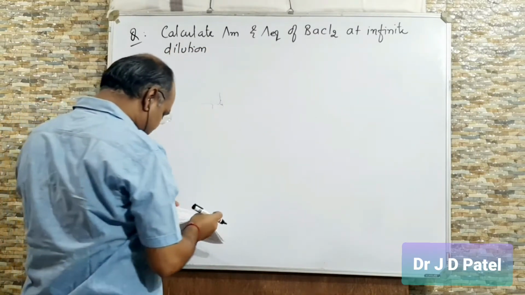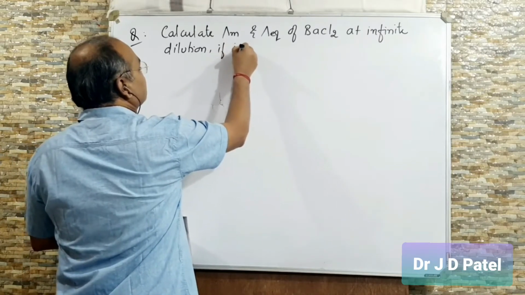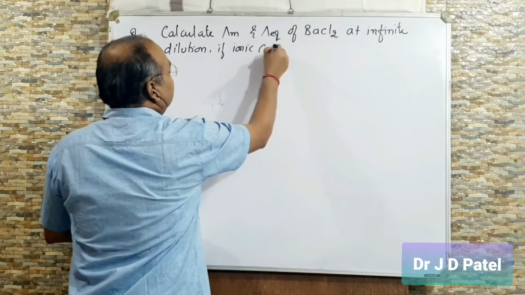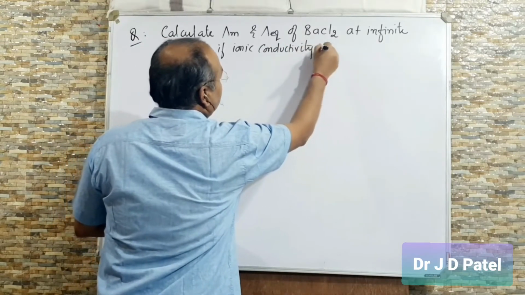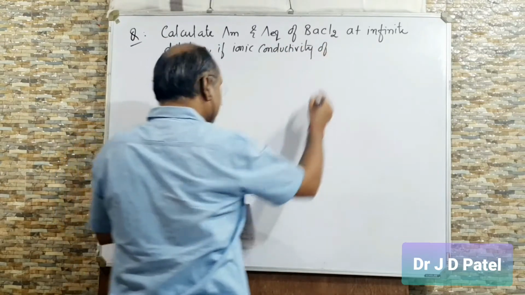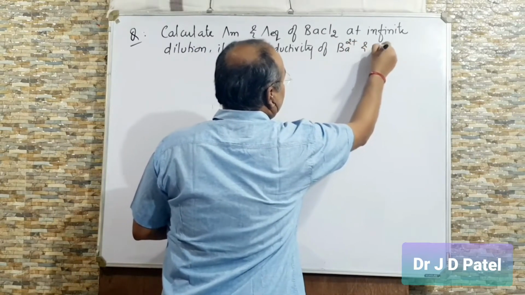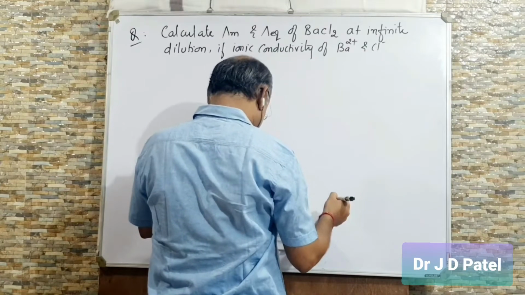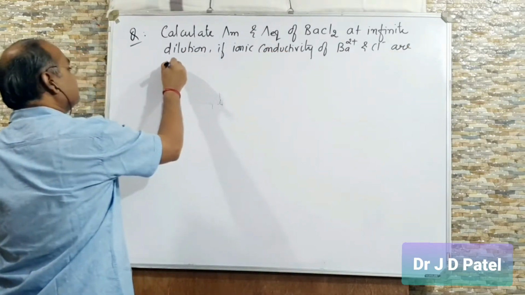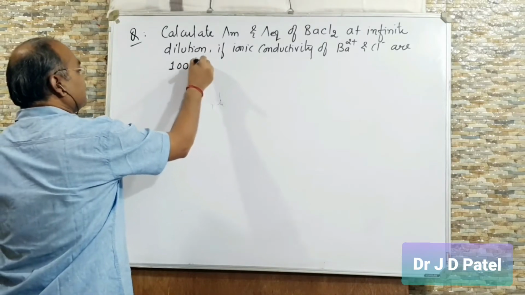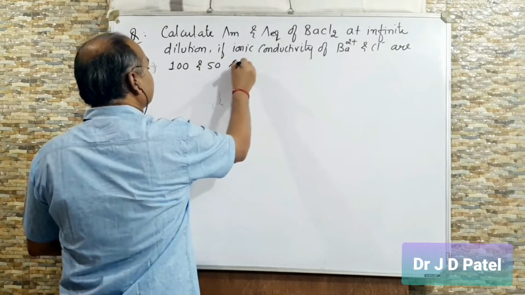At infinite dilution, if the ionic conductivity of Ba2+ and Cl minus are 100 and 50 respectively.